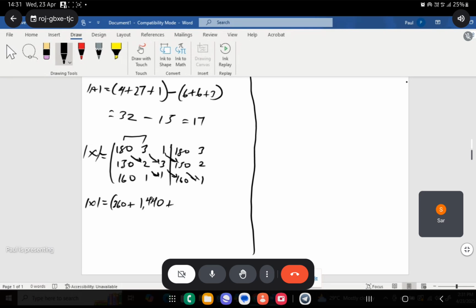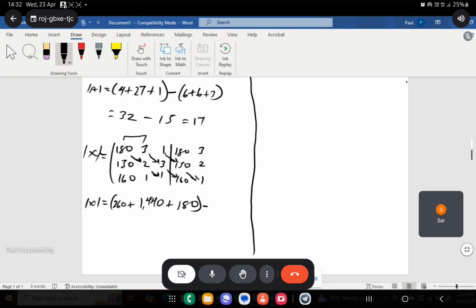So 180 times 2 times 1 give us 360. So the last one, which is 1 times 150 times 1, will give us 150. Then we subtract.